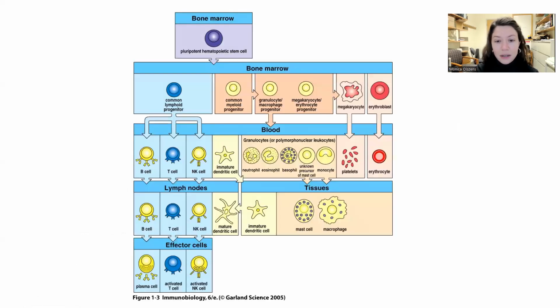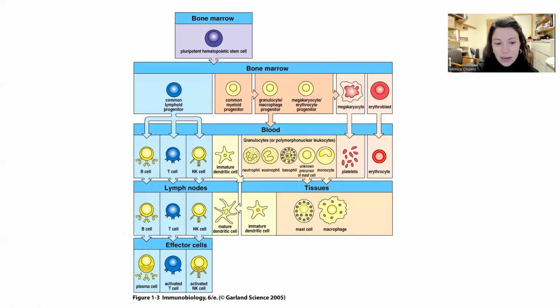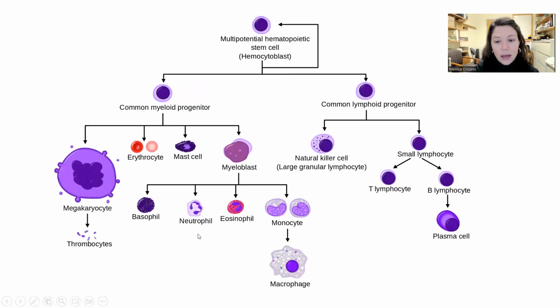Here is another helpful hint. I have two of these because some people prefer this style of graph or table versus this style. So I'm going to talk about this one first because I think it's maybe easier visually. So part of your bone marrow has stem cells. And then as the stem cells age, it's called choosing their fate.